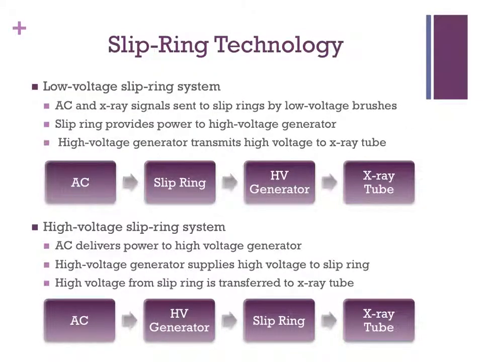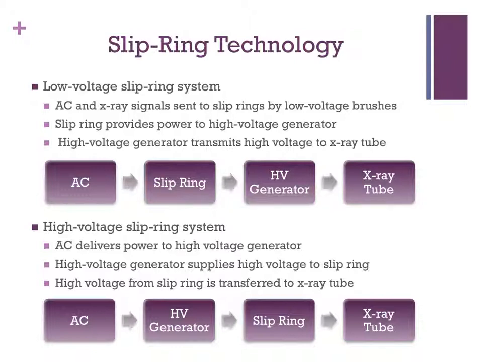In the low voltage slip ring system, the AC and the X-ray signals are sent to slip rings by low voltage brushes. The slip ring then provides the power to the high voltage transformer or the generator, which then transmits the high voltage to the X-ray tube. In this type of system, the generator, the tube, and other controls are positioned on the orbital scan frame.